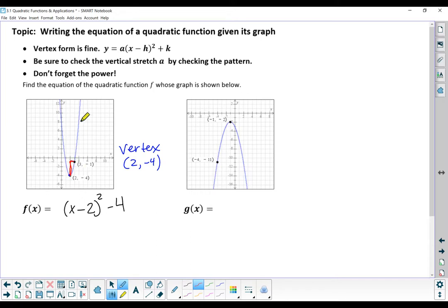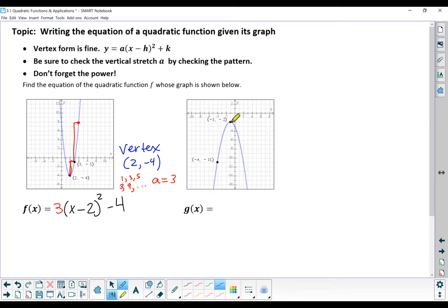It's going up 3 over 1 and then up 9 over 1. So the base pattern for a parabola is 1-3-5, but this one is going 3, 9, and then I can't count anymore because it's off the grid. So that's a stretch of 3. So I want to put that vertical stretch of 3 in front of the (x - 2) squared.